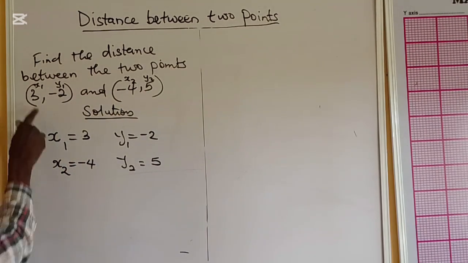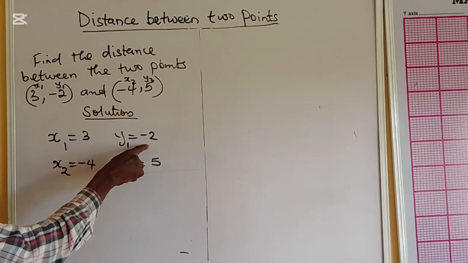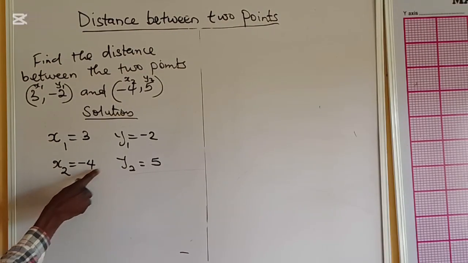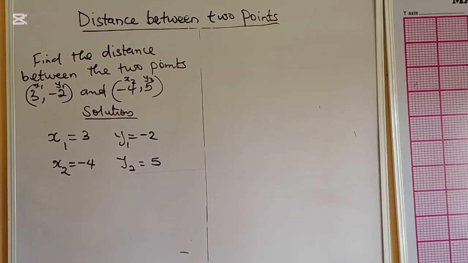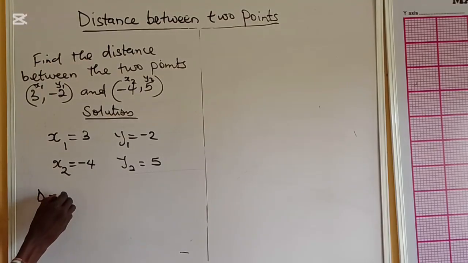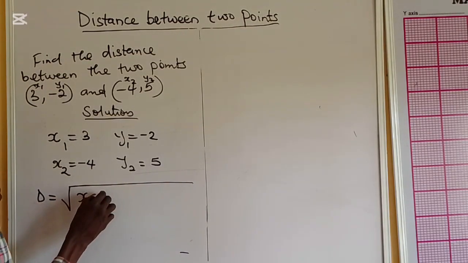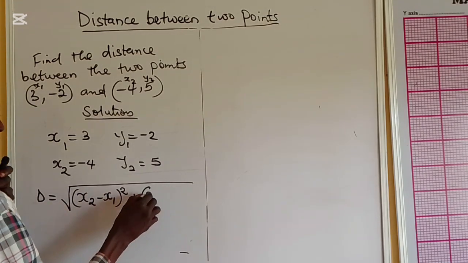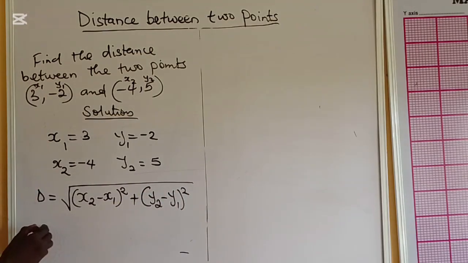Let's come again: x1 is 3, y1 is minus 2, x2 is minus 4, y2 is 5. So let's put into the formula that the length, which is the distance, is equal to the square root of x2 minus x1 all squared plus y2 minus y1 all squared.